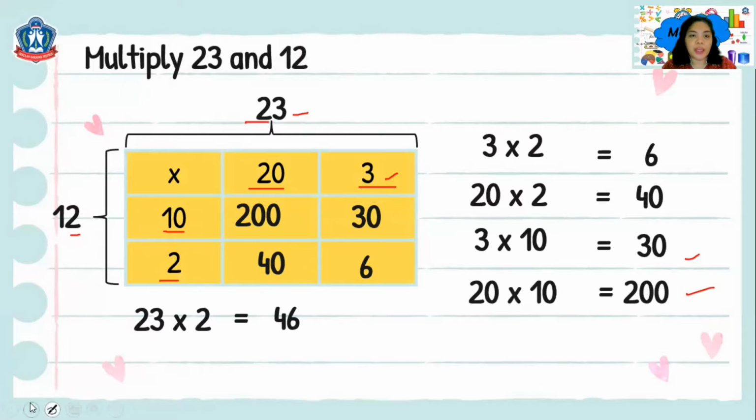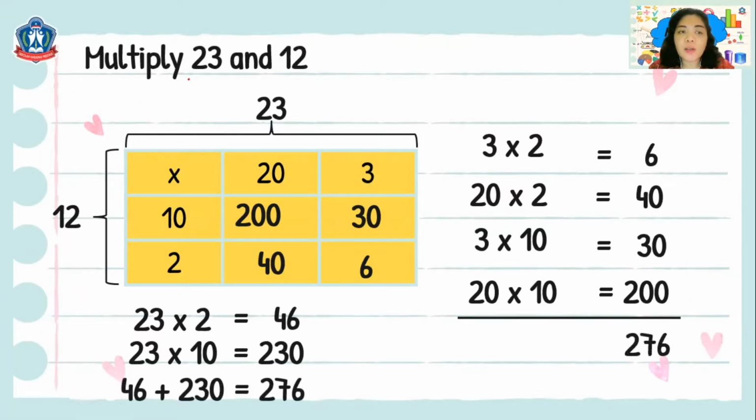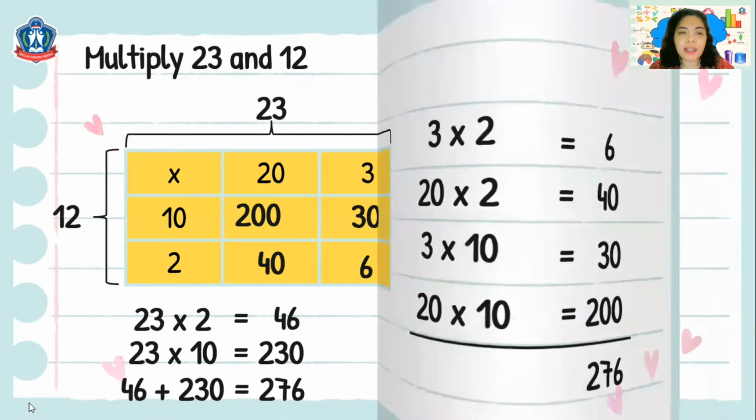So 23 times 10 is 230. The next step is we will add all the answers, and that is equal to 276. So 23 times 12 is 276.